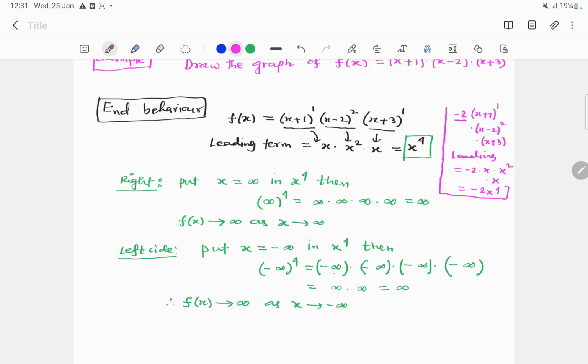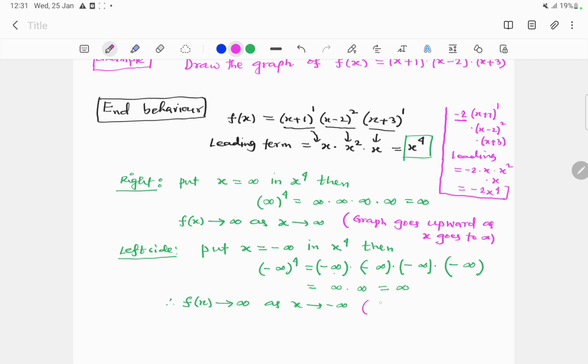Sometimes people say that in this situation the graph goes upward, because f(x) goes to infinity. Instead, if f(x) goes to minus infinity, then you write that the graph goes downward.